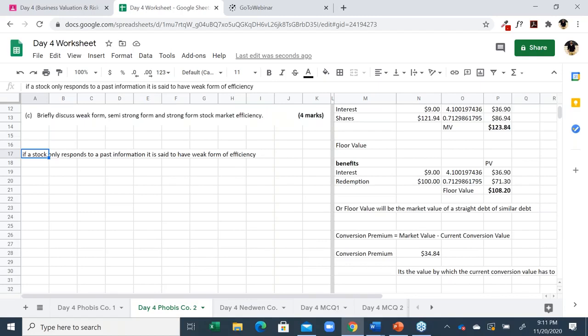So can you imagine the stock market and the people in the stock market not knowing any information that is publicly available? Can you expect? You know what does this mean? This form of efficiency, what does this form of efficiency mean?